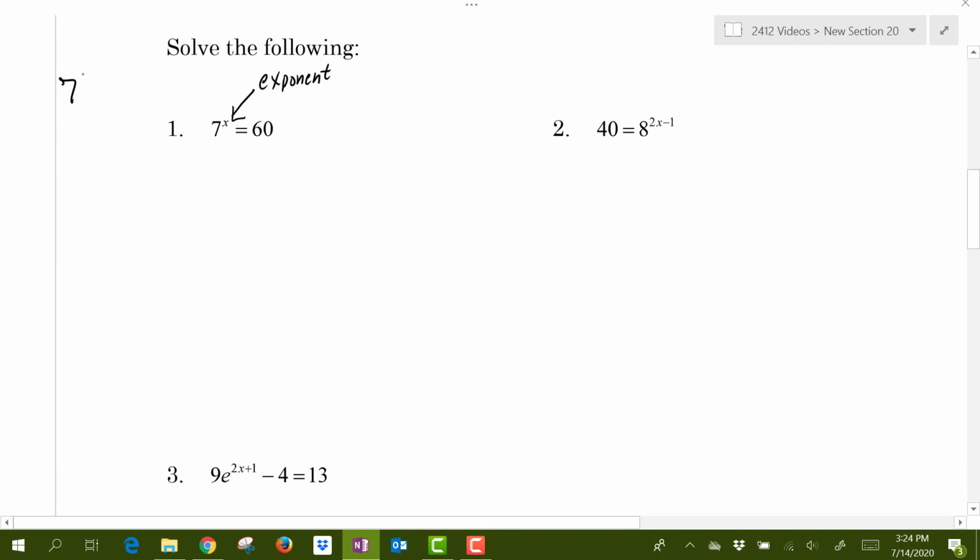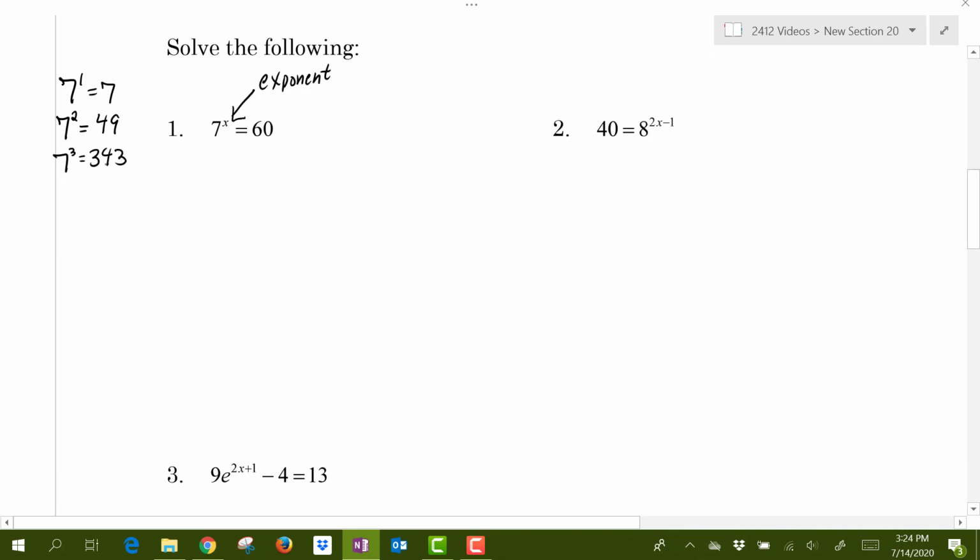Okay, so it could be 7 to the power of 1. Well, that would give us 7 as a result, and we want 60 as a result, so that's too small. So let's raise the exponent. What about 7 squared? 7 squared is 49. And we're getting closer to the result of 60 that we want. 7 cubed, well, that's 343.